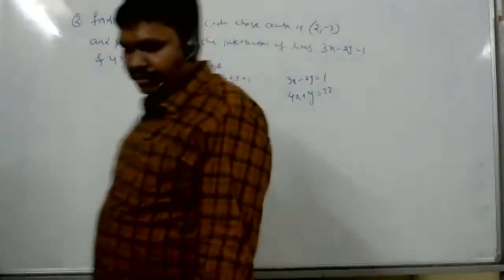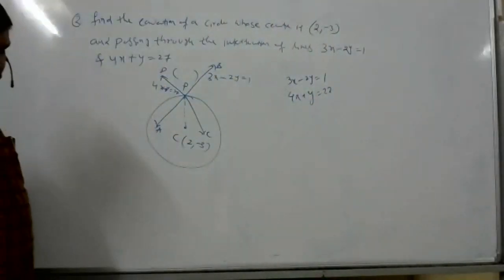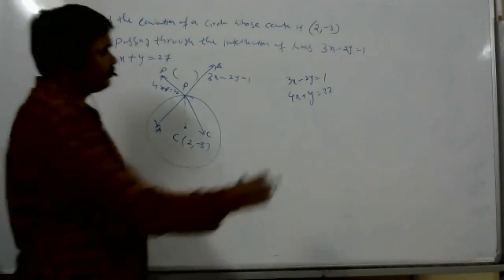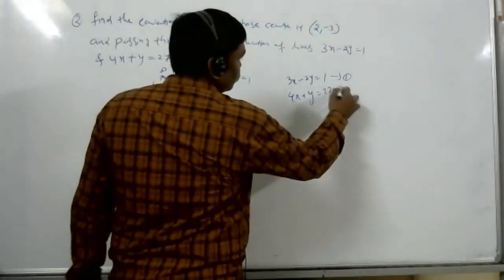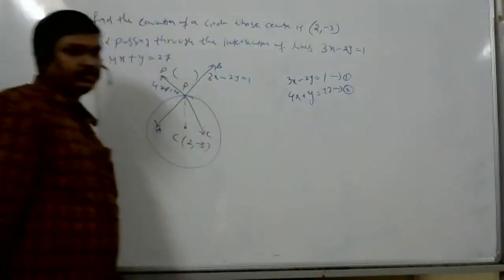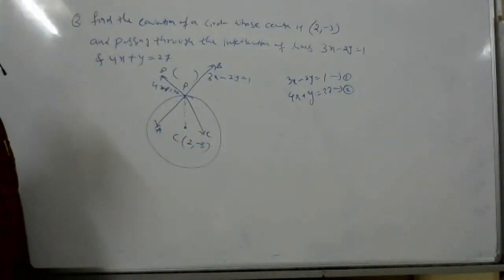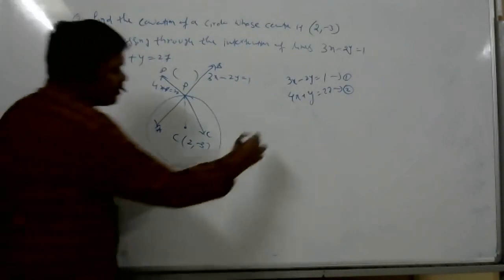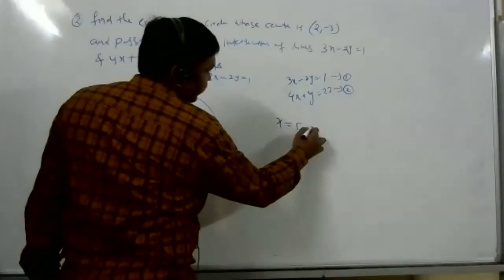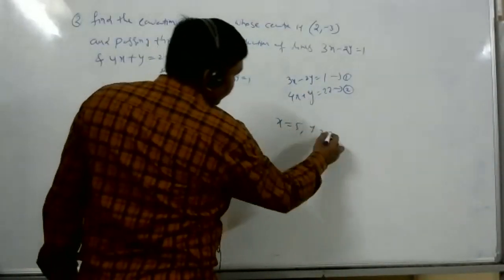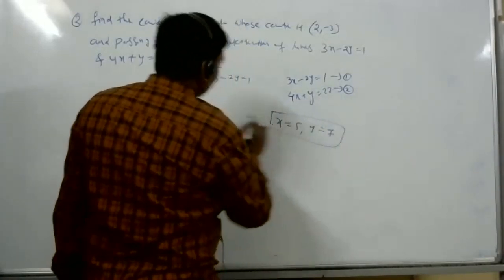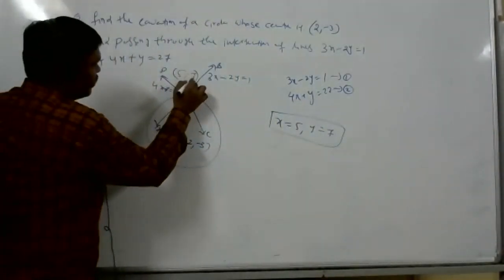X is equal to 5, and y is 7. Correct. So P is (5, 7).